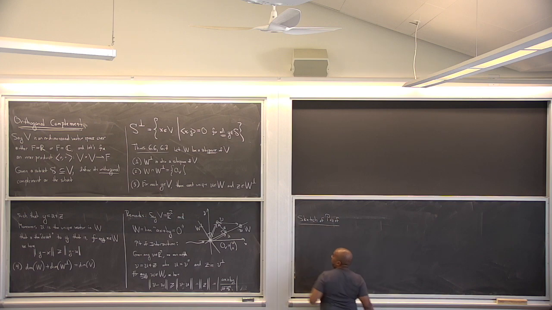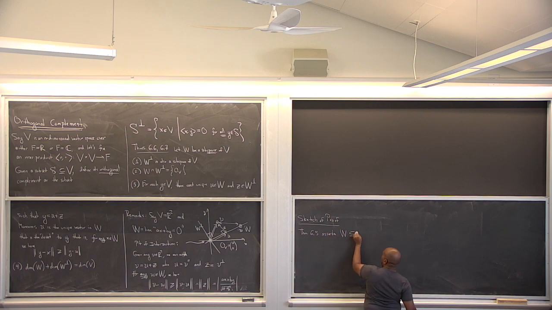All right, so again, I want to try to sketch at least the proof for the last statement and use this to motivate a definition. Well, our W here has a basis. So theorem 6.5 asserts that this subspace W here has an orthonormal basis.